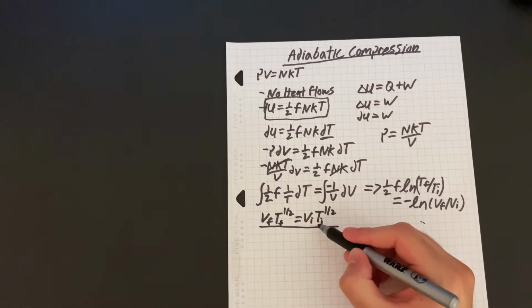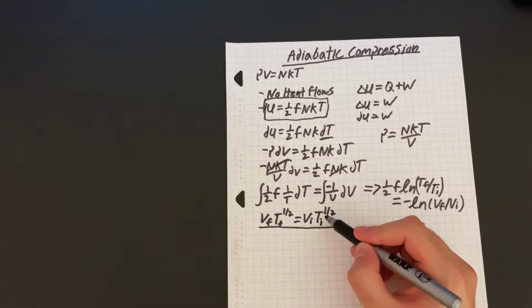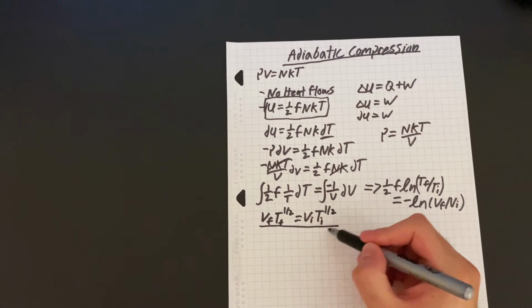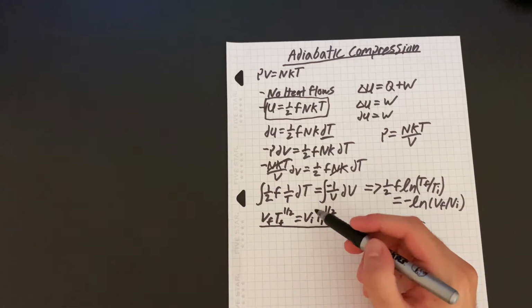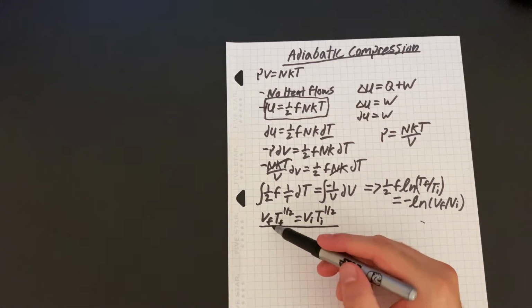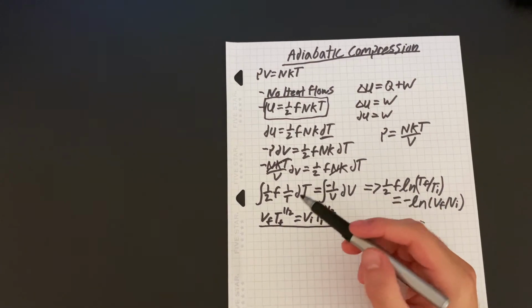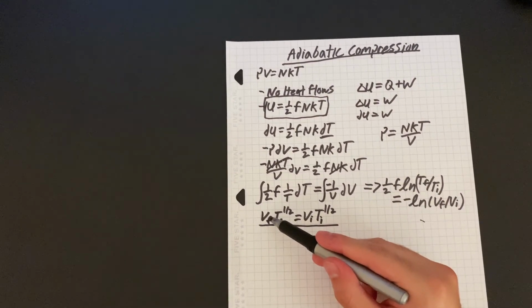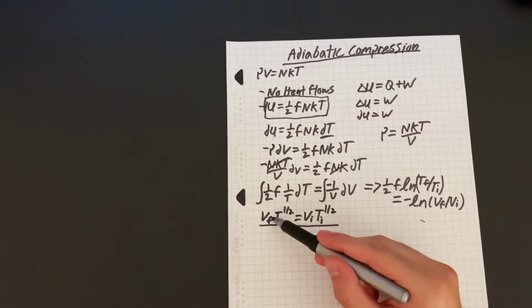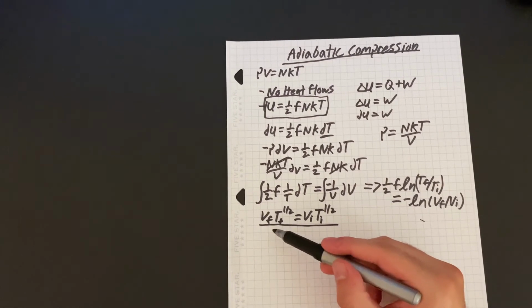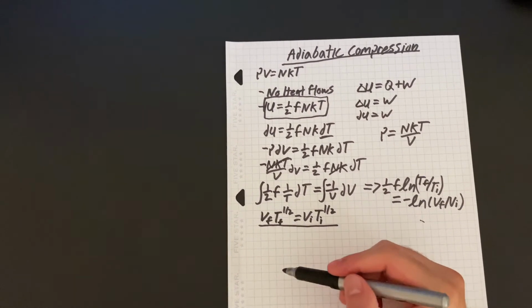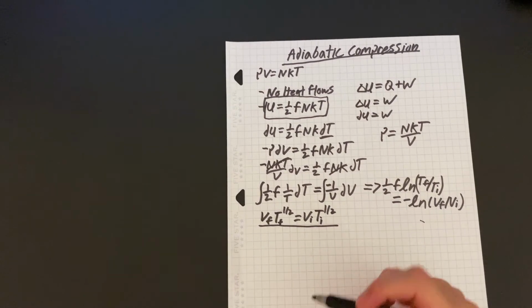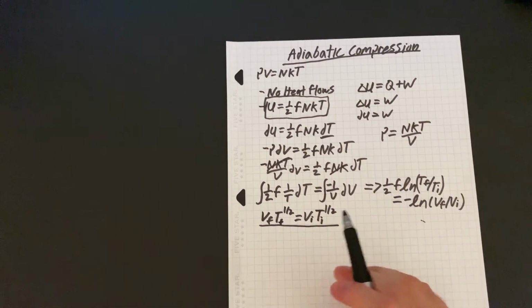That's really useful, because we have a starting point and we know how much we want to compress it, since this system is being compressed rapidly. That's the action we're doing to it. We can determine what the final volume is going to be, and then we can find the final temperature. So this is the most useful part of it.